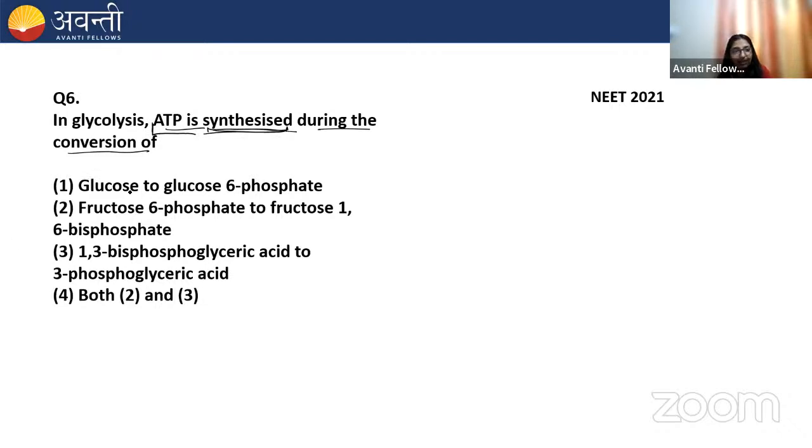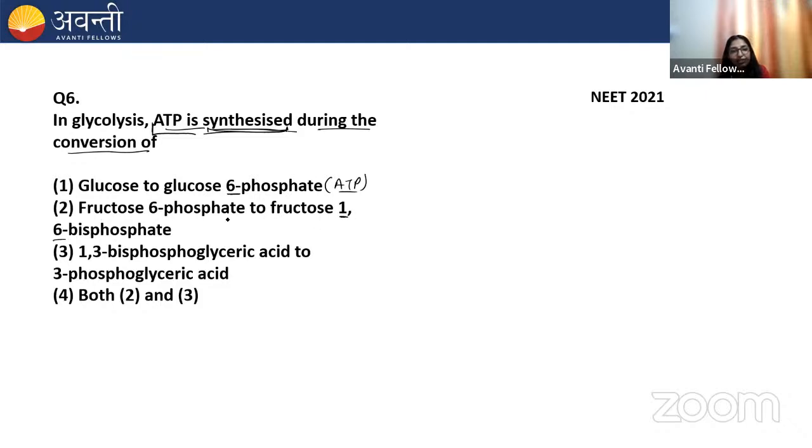So when glucose is converted to glucose 6-phosphate, the phosphate is added at the 6th position of glucose, right? So in this step, ATP is utilized, not formed. Second says fructose 6-phosphate to fructose 1,6-bisphosphate.